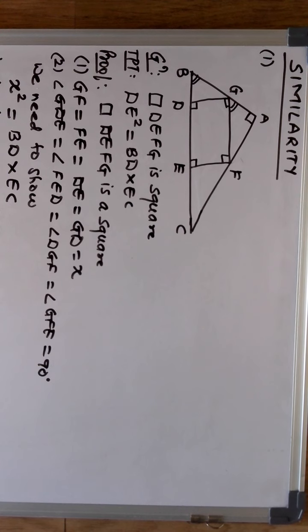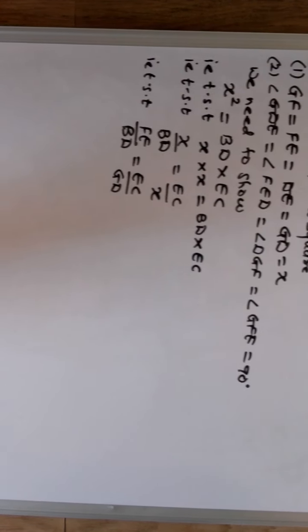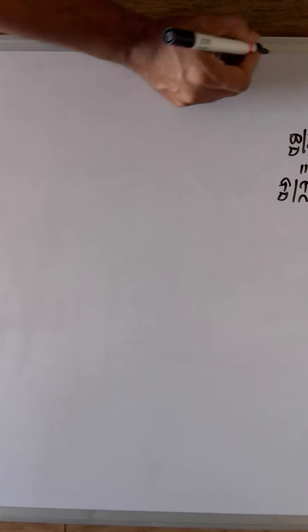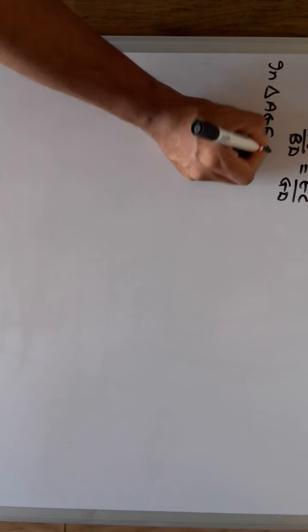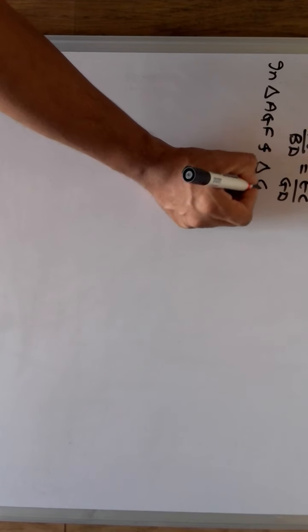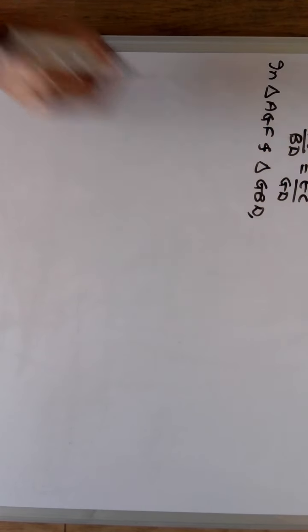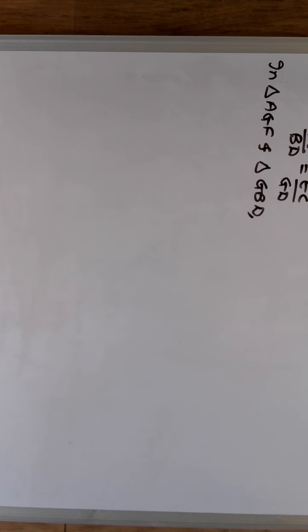So here I can show that these 2 triangles are similar by AA test. I am writing it down, see the figure. Draw the figure first and then we will proceed. So I will be writing it now. What I get here is, in triangle AGF and triangle GBD, I have already discussed many times why we write 'and' in between.